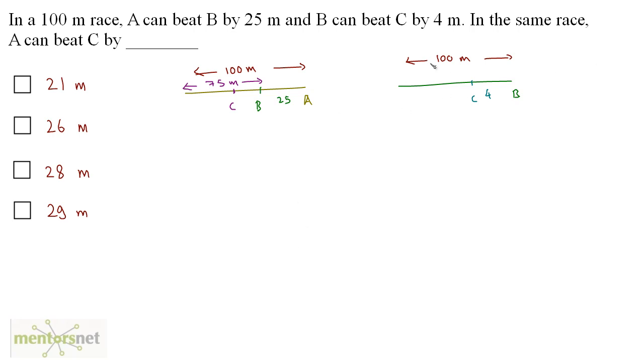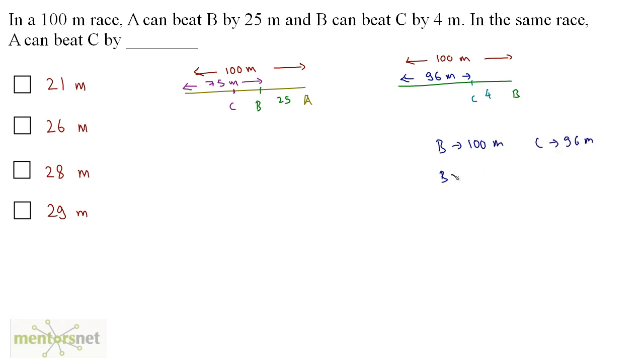We have been given when B travels 100 meters, C is 4 meters behind. That means C has traveled 96 meters. So when B has traveled 100 meters, C has traveled 96 meters.